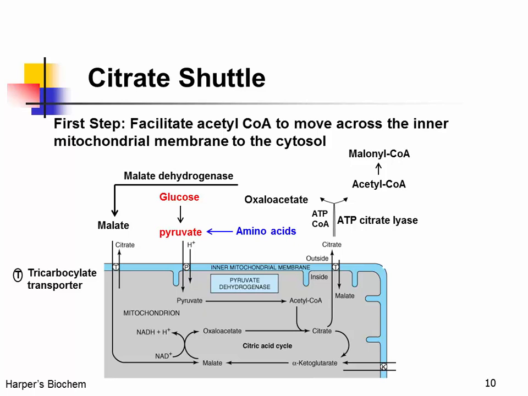So the important thing is that the acetyl-CoA molecule has to be transported from the mitochondria to the cytosol, right? And acetyl-CoA is not permeable to the mitochondrial membrane, so we need a shuttle system to transport acetyl-CoA out of the mitochondria to the cytosol for fatty acid synthesis.